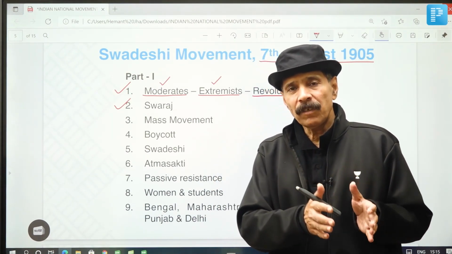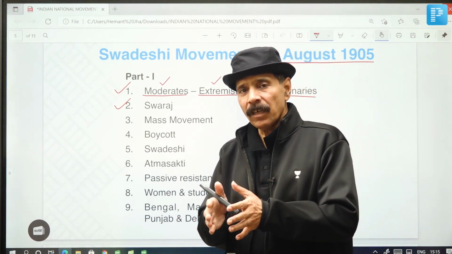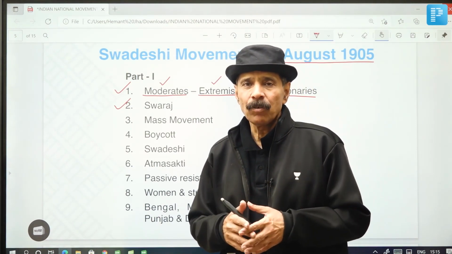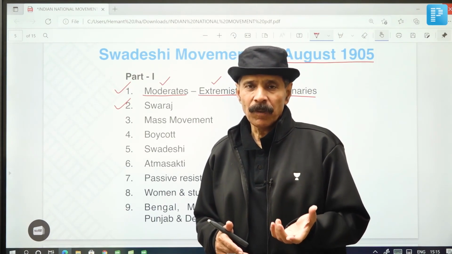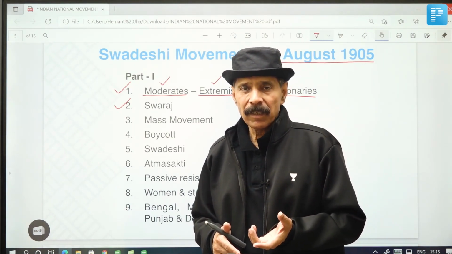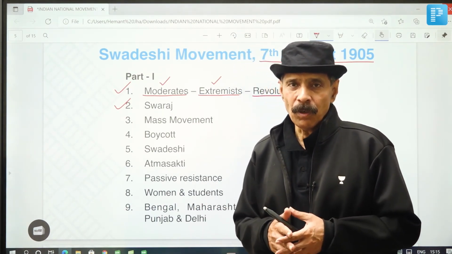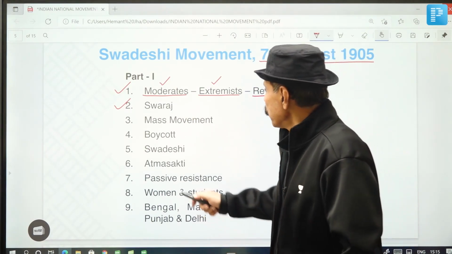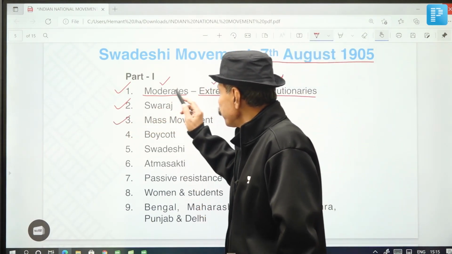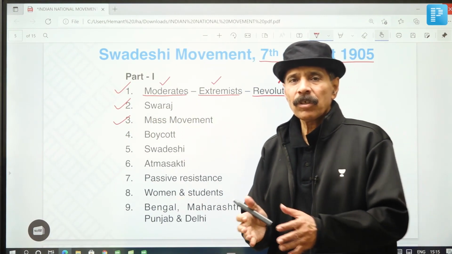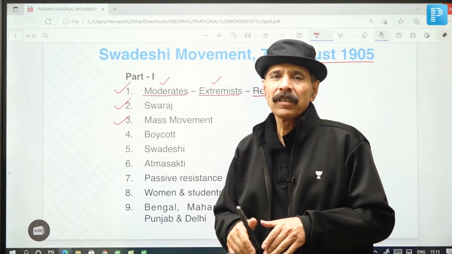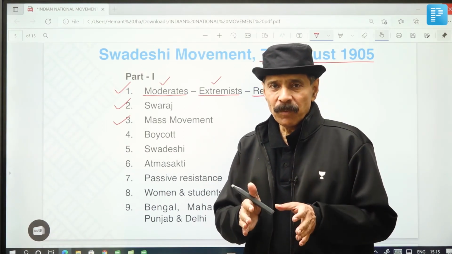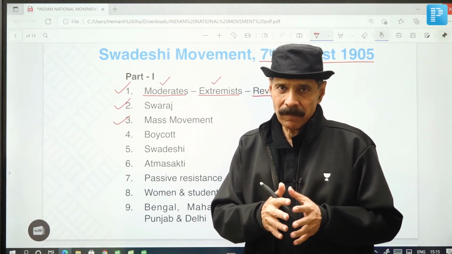So 1885 to 1905, the goal of the Congress was reforms. But in 1906, Swaraj became the goal. And next is mass movement. Moderates were not believer in mass movement, considering the Indian national movement being in its infancy.